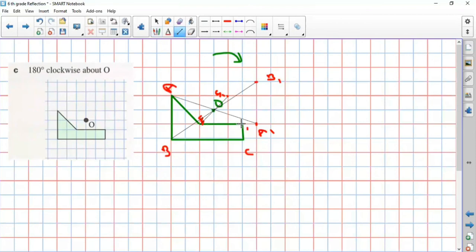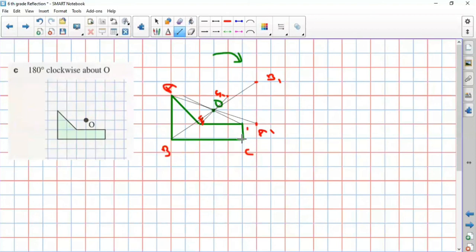Then this point, again 180 degree clockwise from O. Okay, it will come in this direction. It is here.